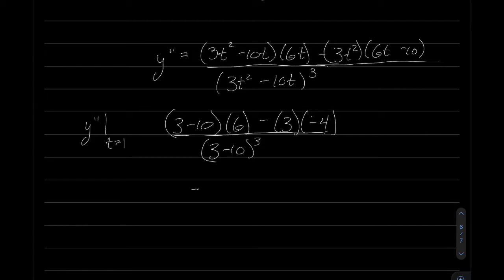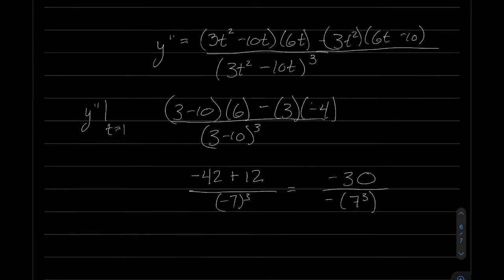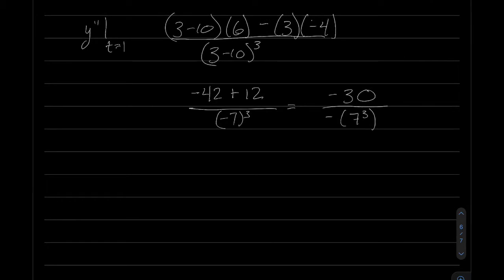Negative 7 times 6 is negative 42, plus 12, over 3 minus 10 again is negative 7 cubed. Okay, so finishing up, we get negative 30 over negative 7 cubed. Okay, and we get 30 over 7 cubed.